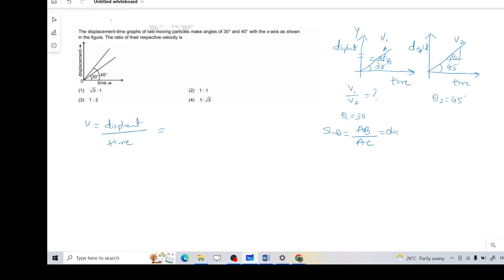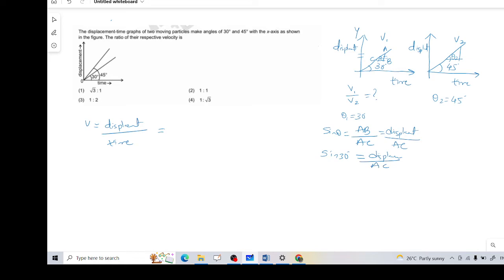So we got the value of displacement here, but we don't know the value of AC. So the first equation comes: sine 30 degree is equal to displacement divided by AC.